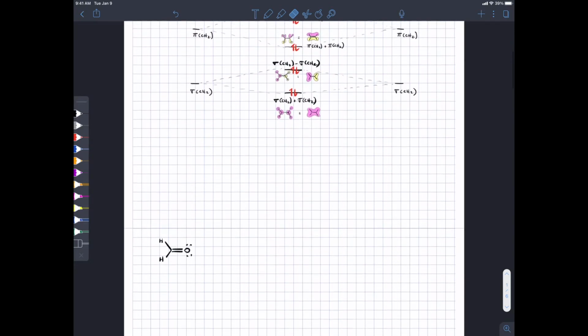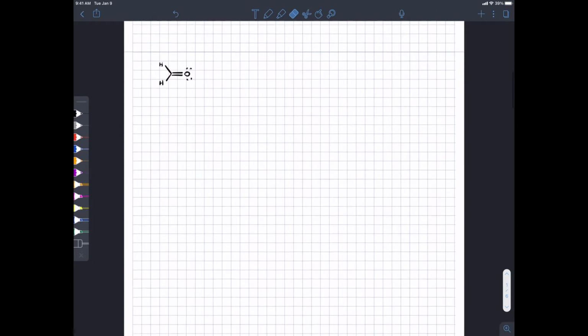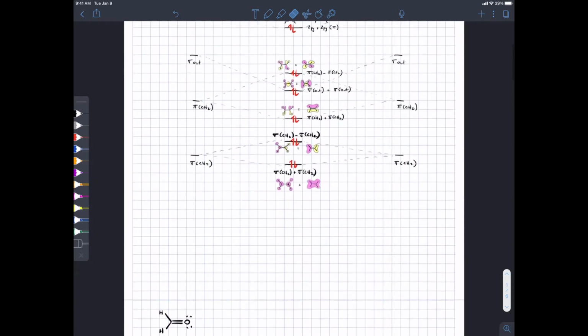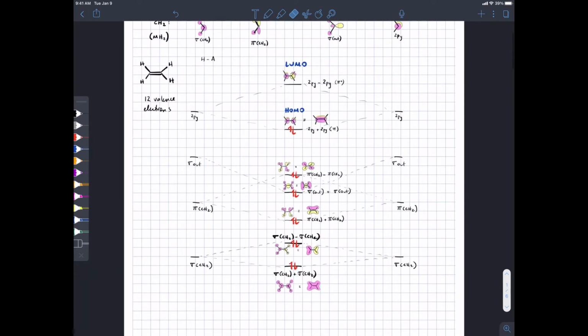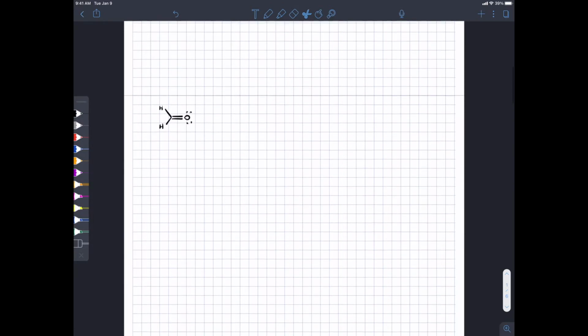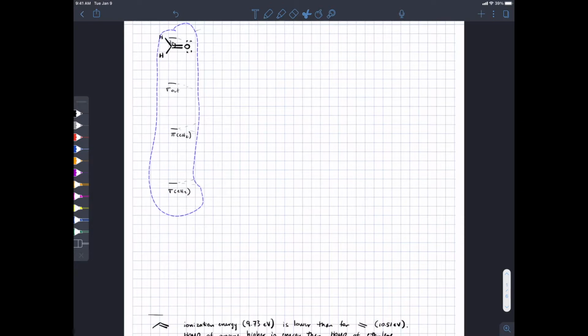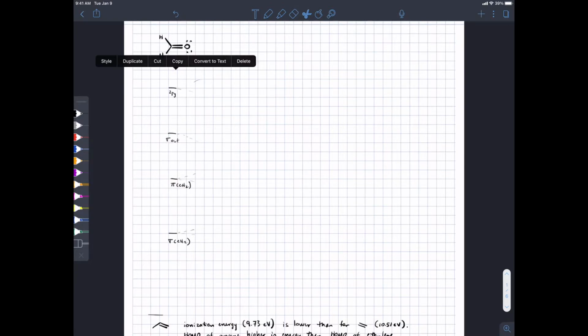All right, so we went through that in a lot of detail. Let's do the same thing, but let's do it for formaldehyde. To do this, again, we're going to combine our bent CH2 orbitals with orbitals from oxygen.